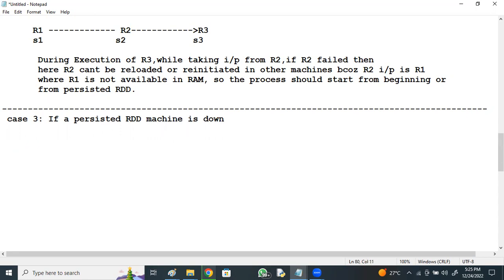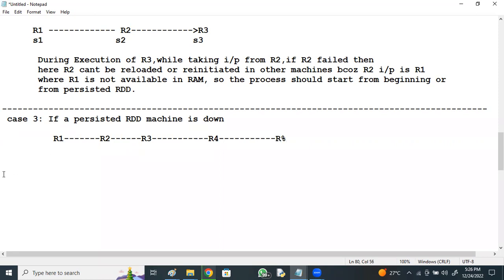Observe here, R1, R2, R3, R4, R5, five RDDs are there.